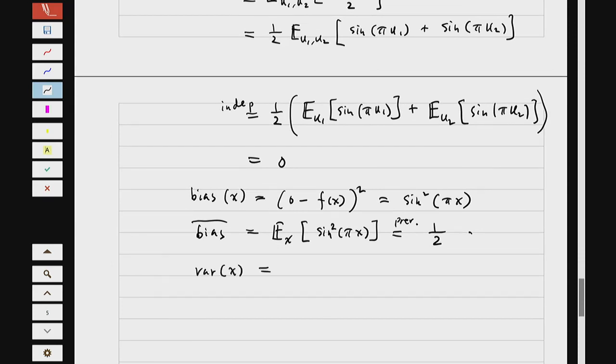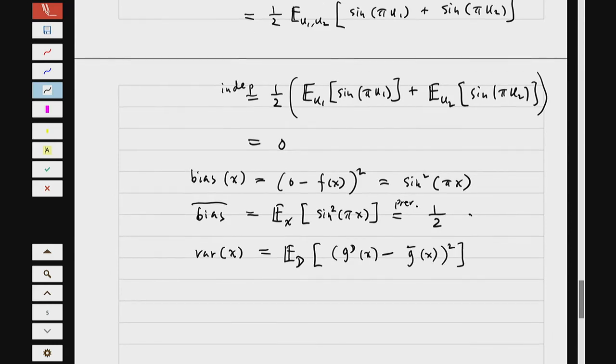The variance, again, by definition is ED of GD of x minus G bar of x, squared. How random this GD can be, right?